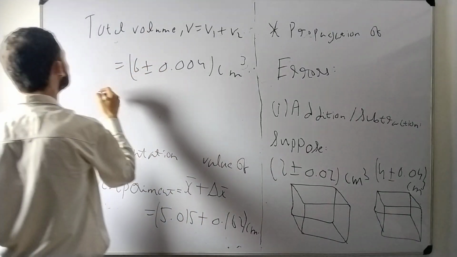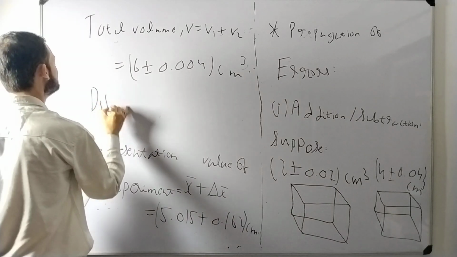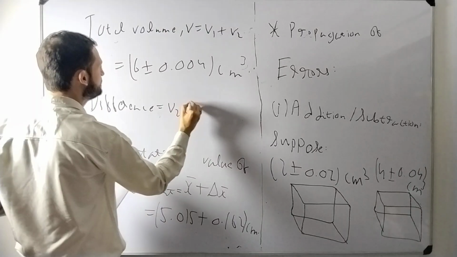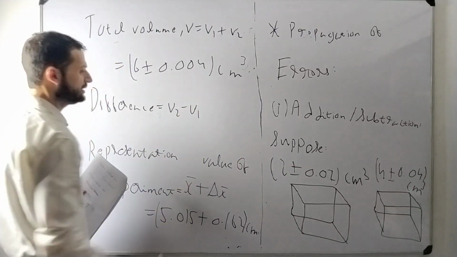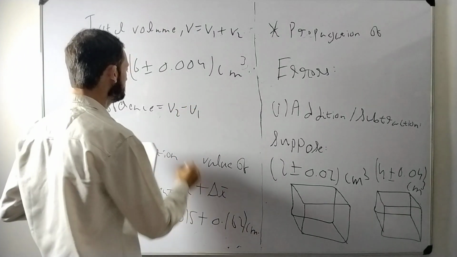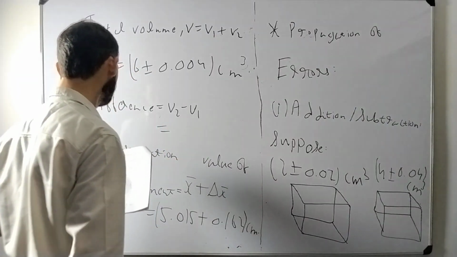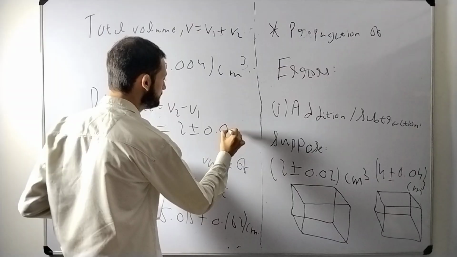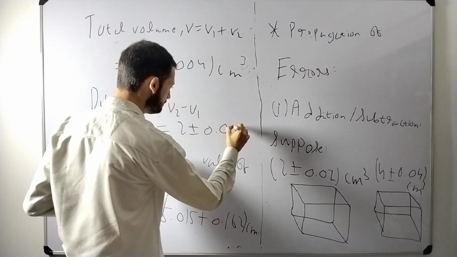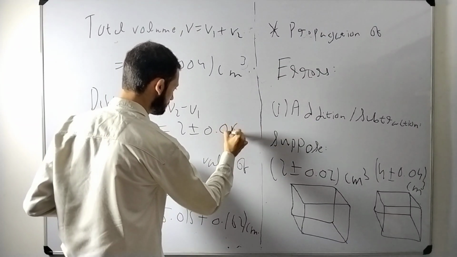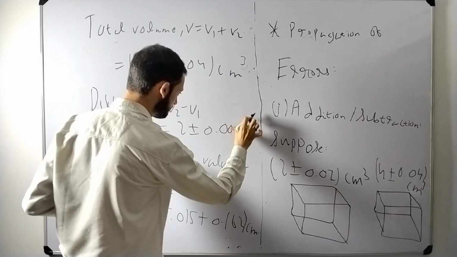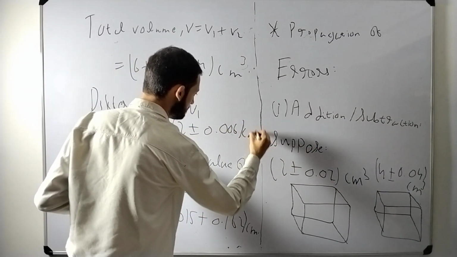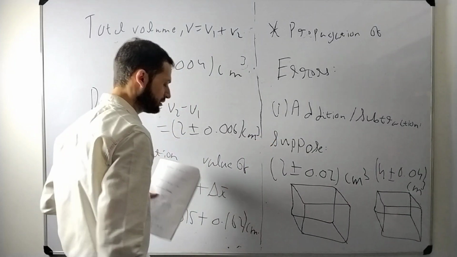I am taking difference V2 minus V1, and this becomes what, students? 2.02, no, 2, no, 6, yes, 06 centimeter cube. Error is supposed to be added, yes.